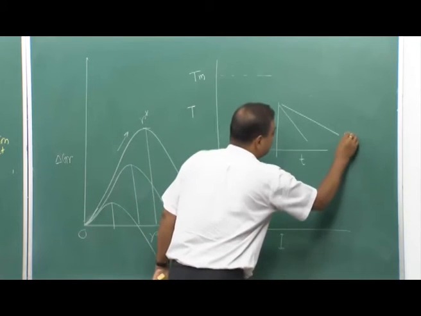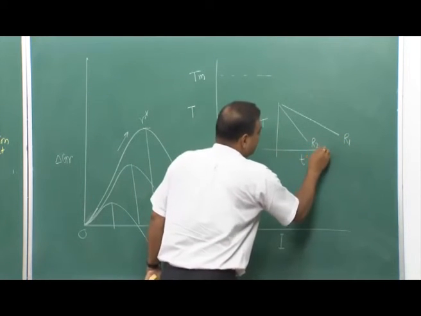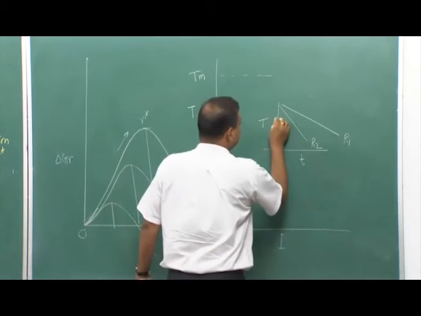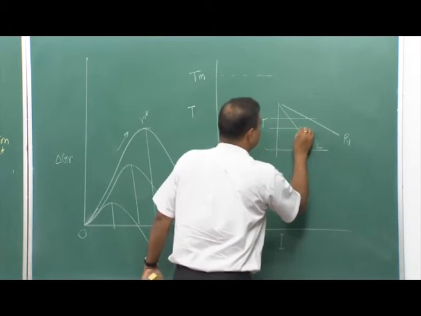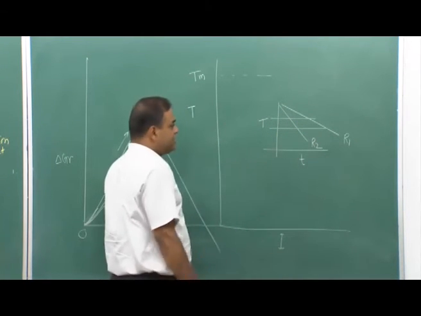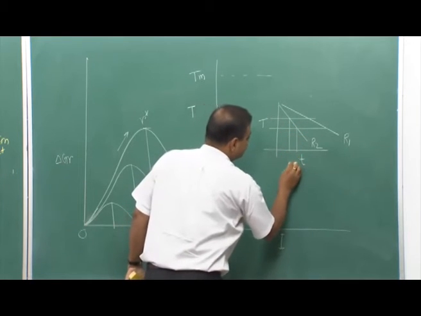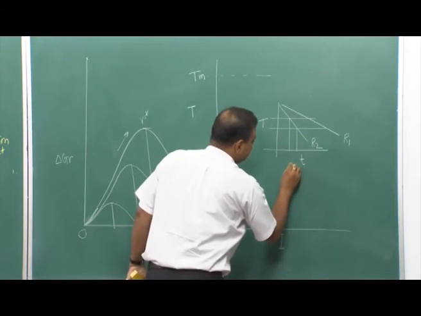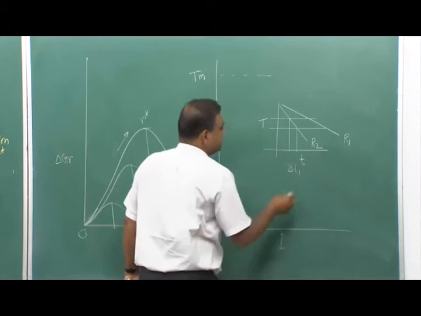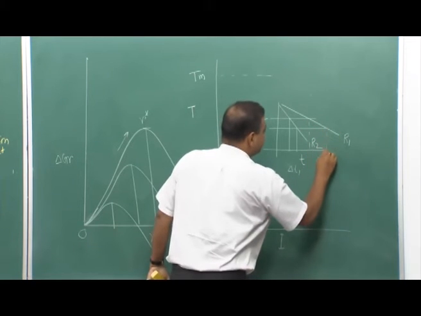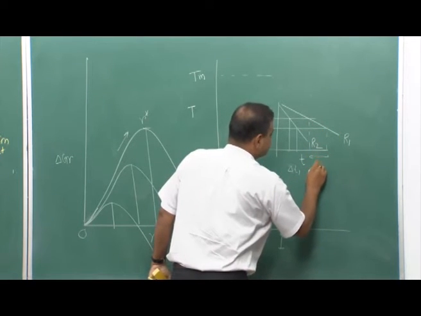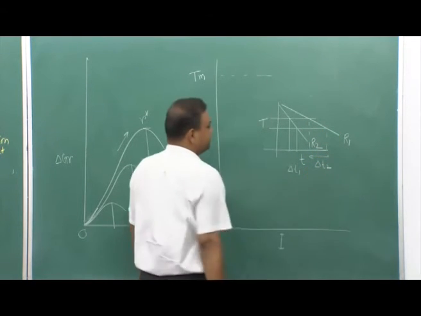So, this is cooling rate R1, this is cooling rate R2. If I try to see a particular temperature drop, within this particular time duration, which is let us say del T1, and if I try to see this duration, which is del T2.